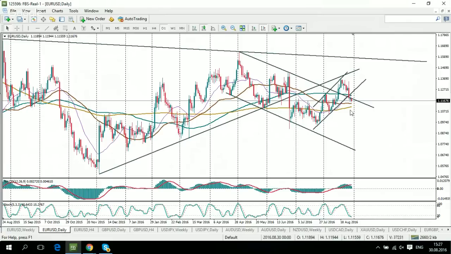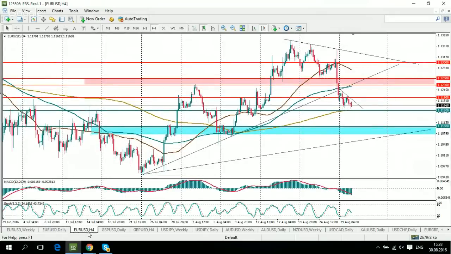We can see that the daily moving averages, 100-day, 50-day, and 200-day, are almost horizontal, which means that the general market lacks strong direction. It means that the pair is consolidating around these levels and won't make some really volatile moves.